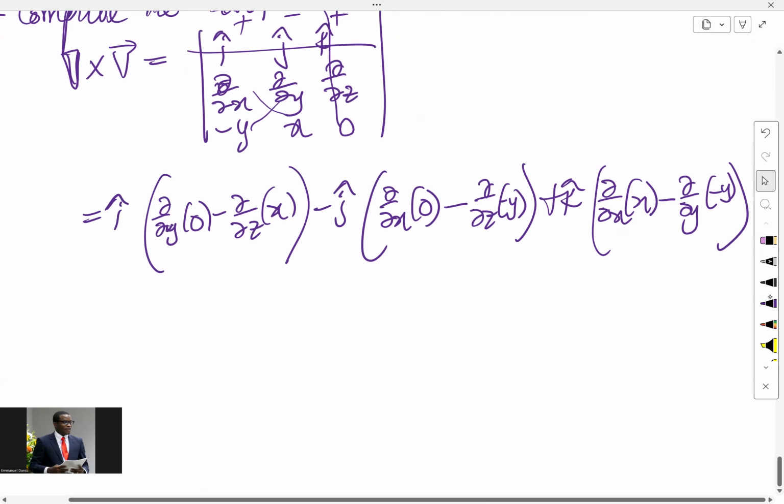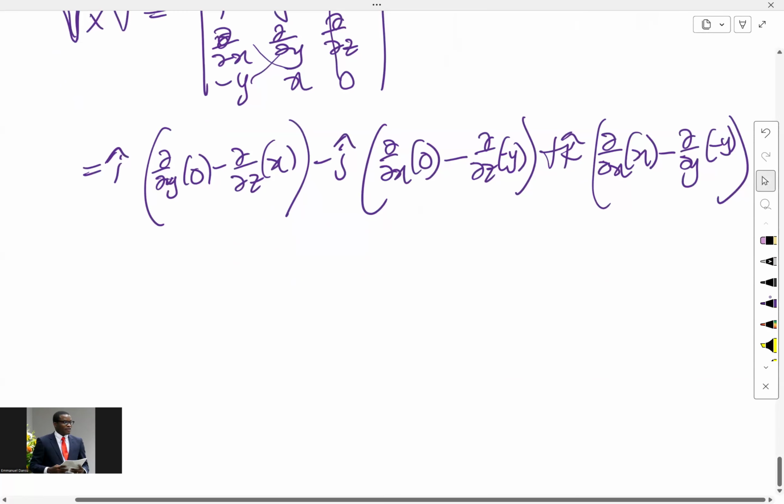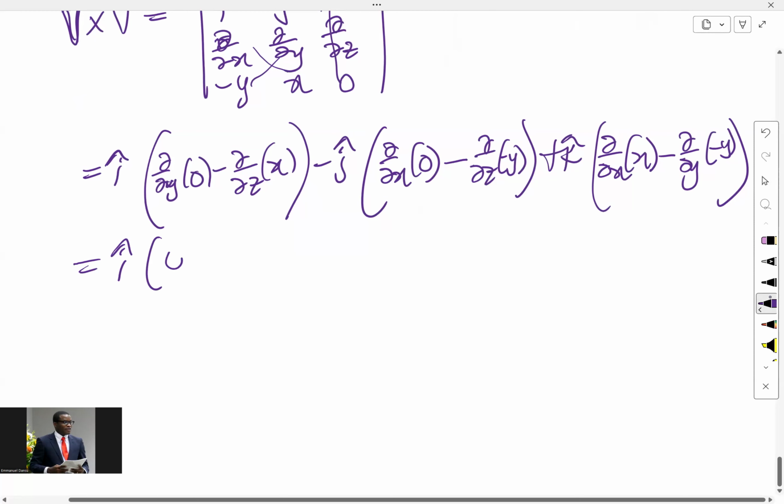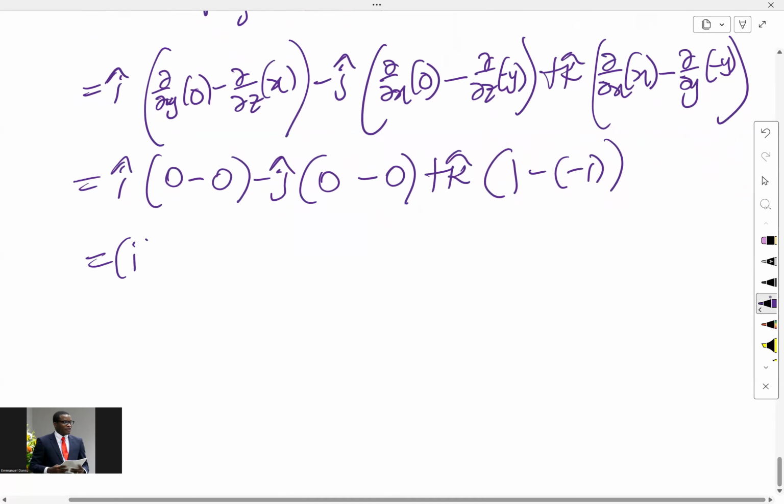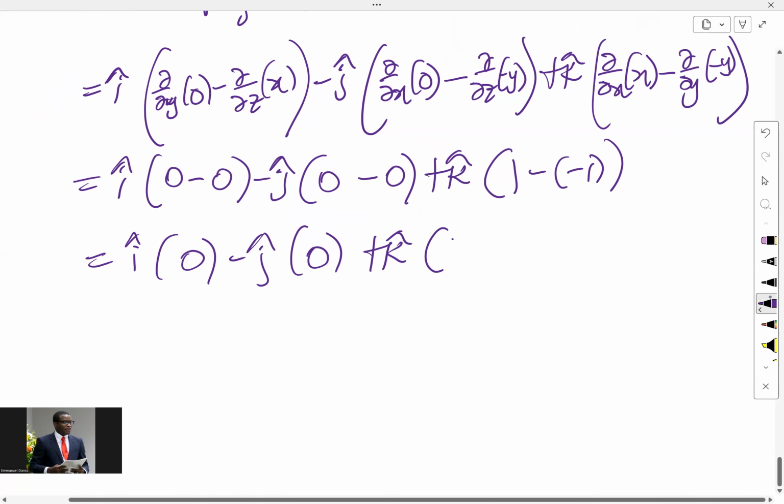So we can tidy this up now to see what we get. This is i into d/dy of 0, which is 0, d/dz of x is 0 because differentiating x with respect to z is 0, then minus j into d/dx of 0 is 0, d/dz of minus y is 0 also, then plus k into d/dx of x is 1, minus d/dy of minus y, that's minus minus 1.